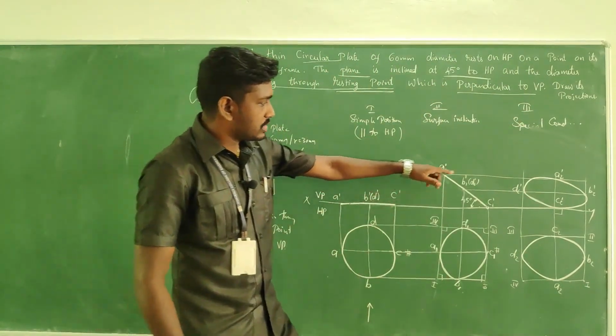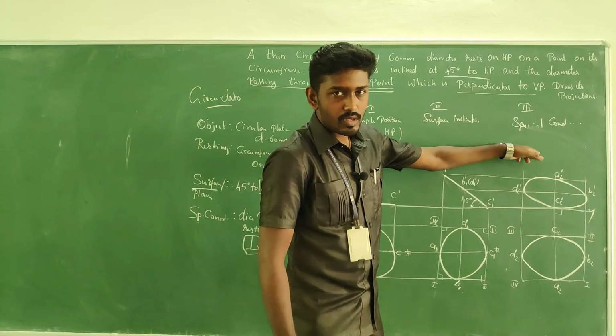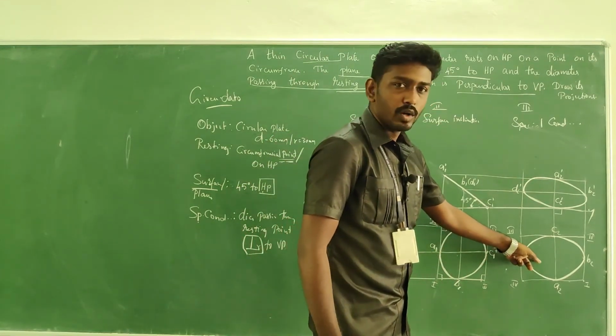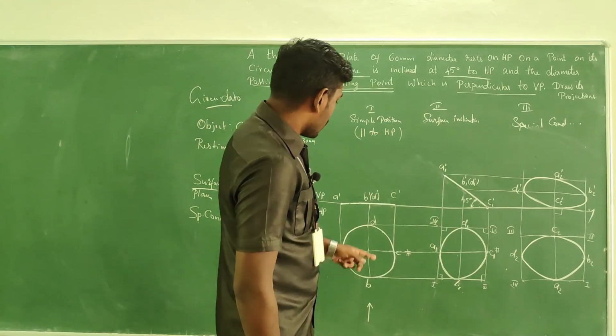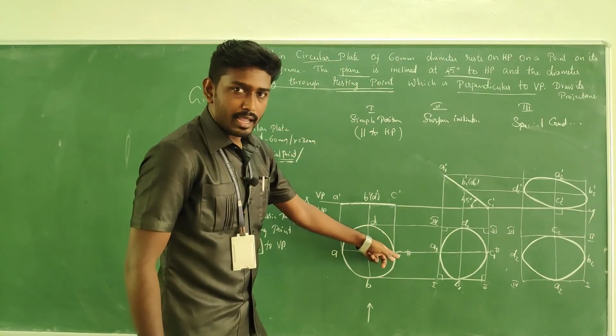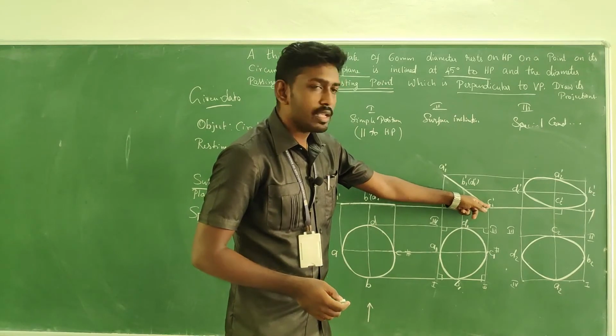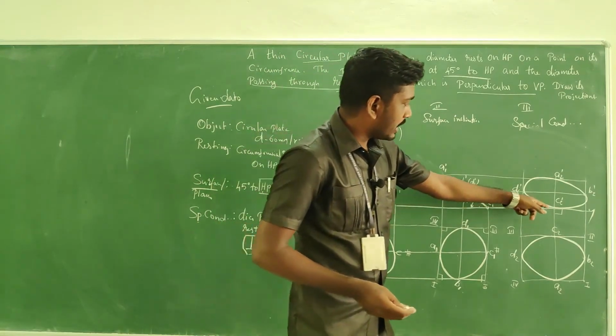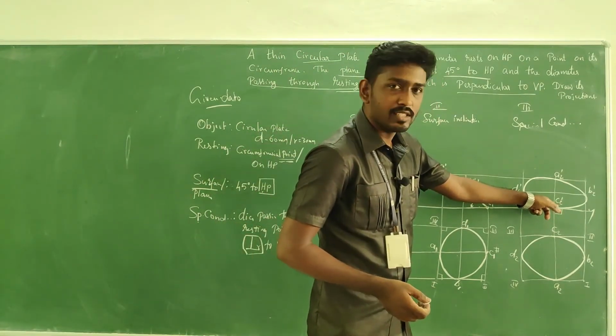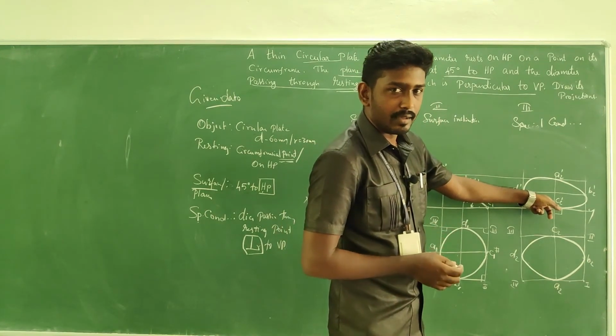Okay. So this is the final front view and this is the final top view. See, the C point is resting. When the surface is inclined, we kept C on HP, and in the final view as well, it is clearly showing the exact thing. Am I right?